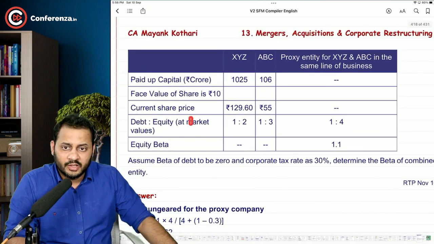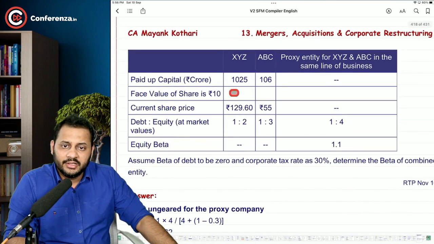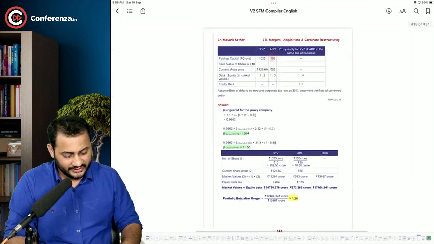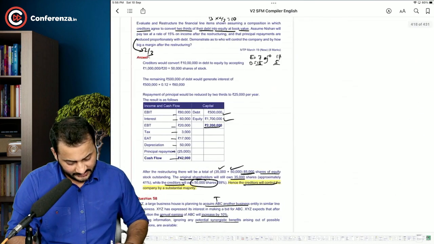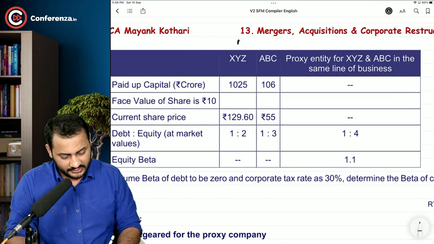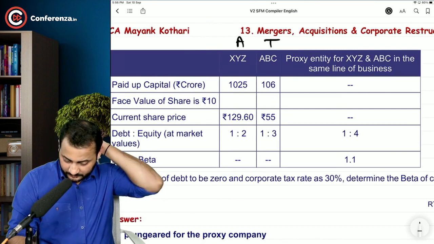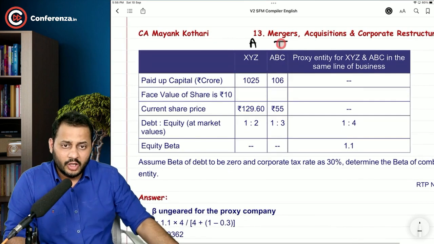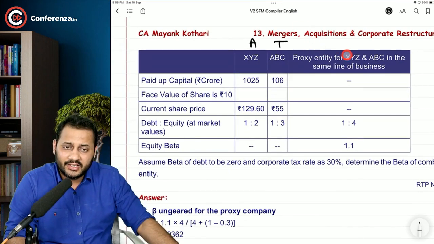Please focus. Paid up capital in crore of XYZ and ABC. Who is XYZ? XYZ is the acquirer. Now try to understand. This is the acquirer, this is the target. Now, a proxy entity for XYZ and ABC in the same line of business.